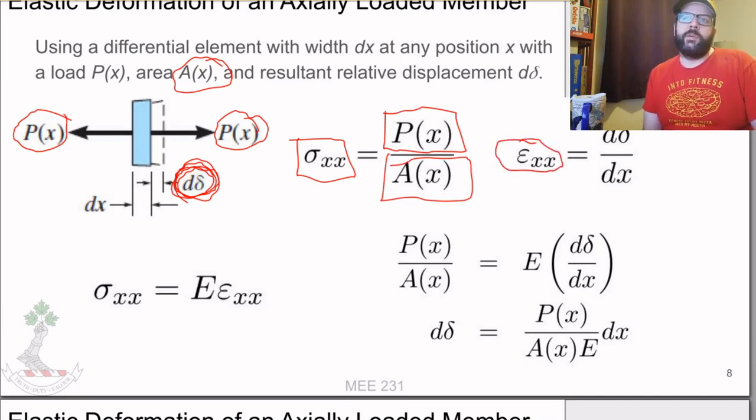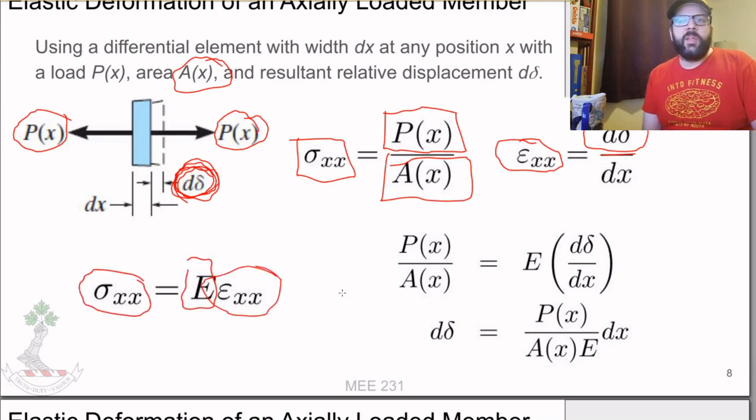So strain is always just the stretching divided by the original length, so our d delta over our dx. So again, we just relate this to Hooke's law, assuming we're in the linear region. So stress is just going to be equal to Young's modulus times our strain.